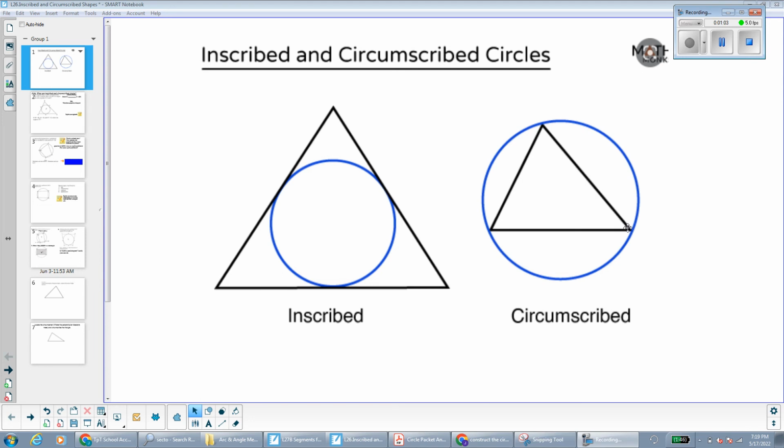So the big difference between inscribed and circumscribed: inscribed means something is drawn inside another shape. Circumscribed means that something is drawn around another shape, as you can see from the pictures. We have a circle inscribed inside a triangle, and we have a circumscribed circle. The circle is circumscribed around the triangle.